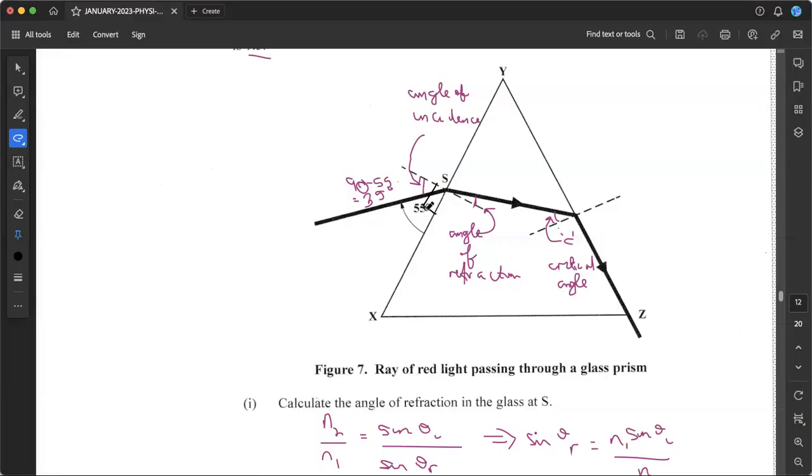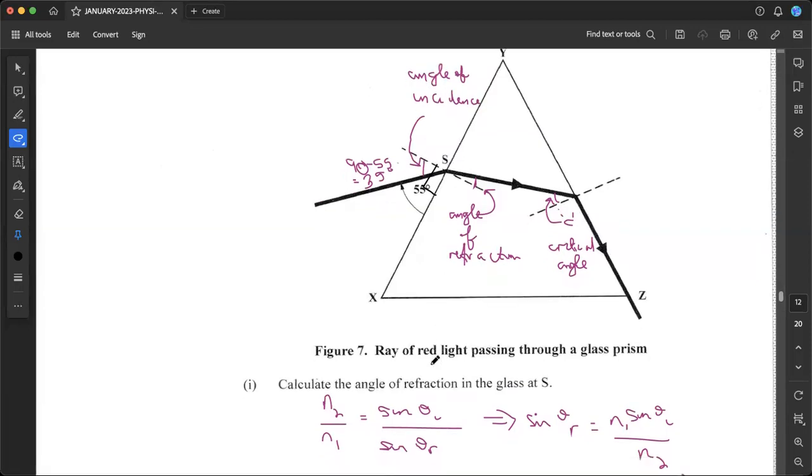If the angle between the XY face and the incident ray is 55, then the remainder, which is our angle of incidence, is 90 minus 55. So we get 35 for our angle of incidence.